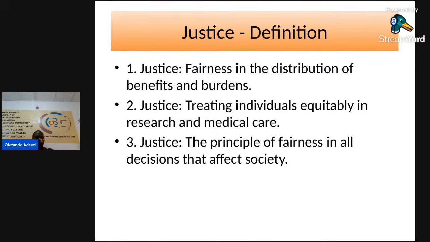Then another one, when we are talking about justice, is treating individuals equitably in research and medical care. What we are saying in essence is that the same medical care you give to the poor is the same medical care you give to the rich. Do you know that in the world today, there is paracetamol for the rich and paracetamol for the poor?